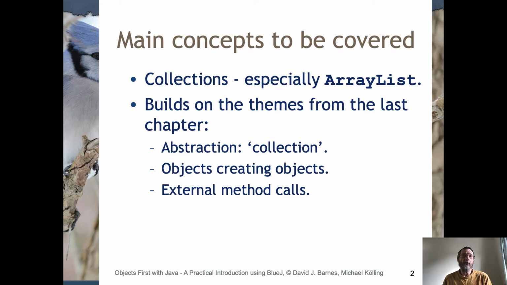And we want to hide away a lot of the details associated with how items are added to a collection, how they might be removed, and in particular how the collection is implemented internally, because we should be able to make use of some of the predefined classes available in the Java library without being too concerned about exactly how they're implemented. We'll also be extending our look at objects creating other objects and objects making method calls on each other.